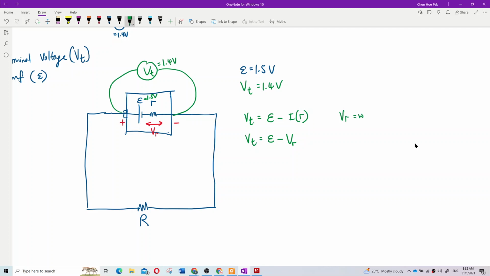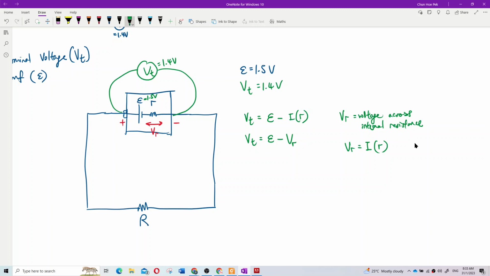Vr is the voltage across internal resistance. So Vr is current multiplied by internal resistance. Understand? Can you get it? Yes, sir.